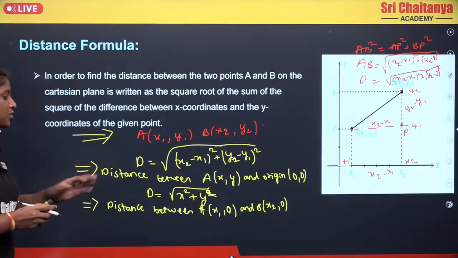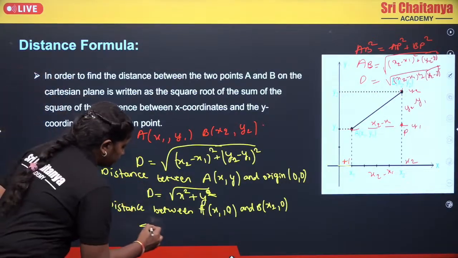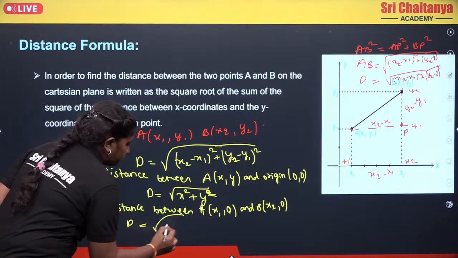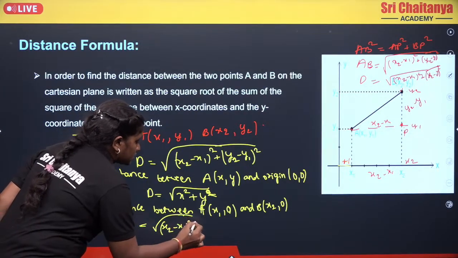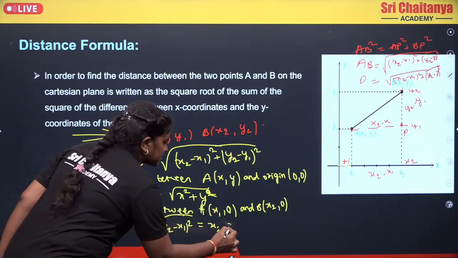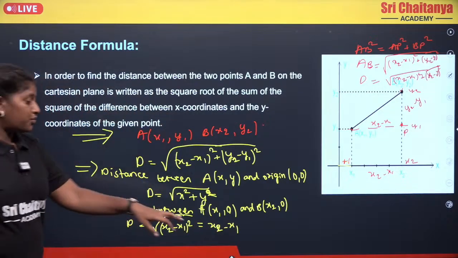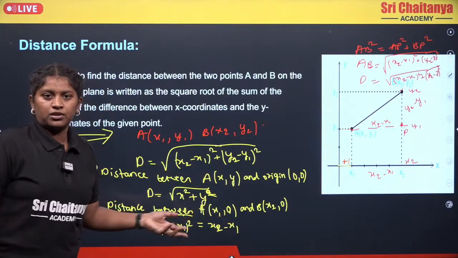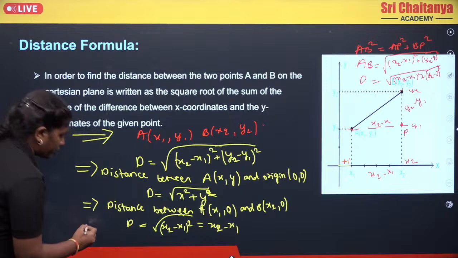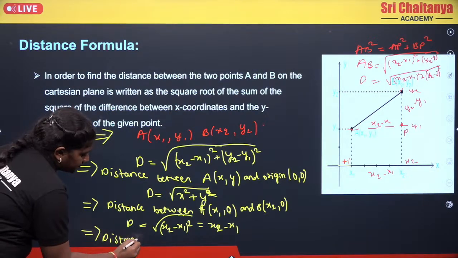Same, we are just going to keep the values in our basic formula, and from there you will get distance as root of (x2 minus x1) whole square, which is nothing but x2 minus x1. Clear about this? So this is how we will get the distance if our y coordinates are 0.